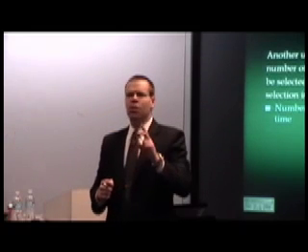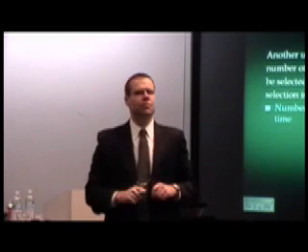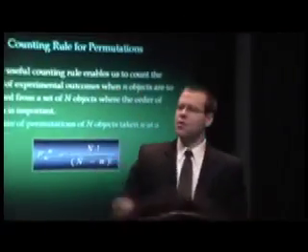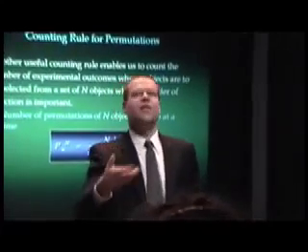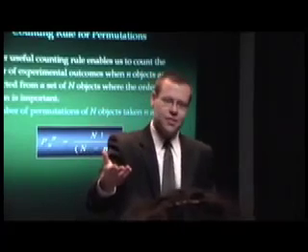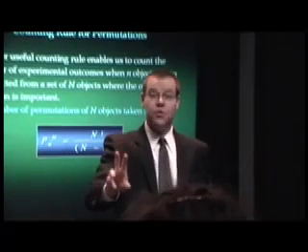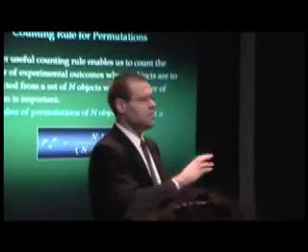How many ways can you organize a board of 2 when you have 3 people to choose from? 6 different. And how'd you get that? 3 times 2. 3 people to choose for the first, president, and then that leaves 2 people to choose for the second position, right? So 3 times 2. Everybody see that?